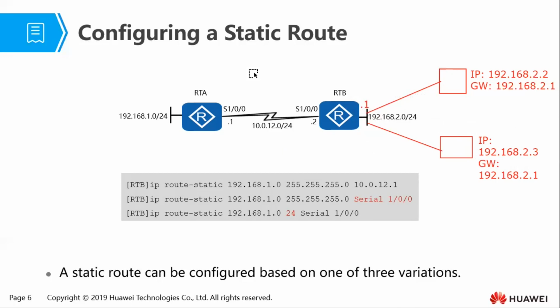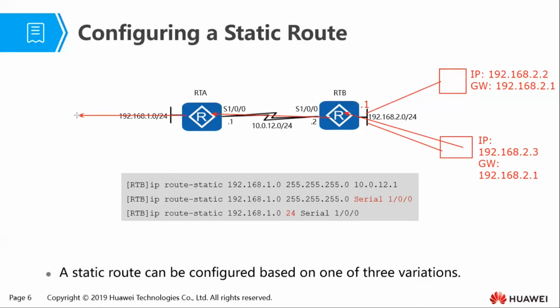So now, once we've configured RTB with this static route, then these guys on this network segment can be able to ping computers on this network segment. So really that is what we are doing. They can be able to reach.